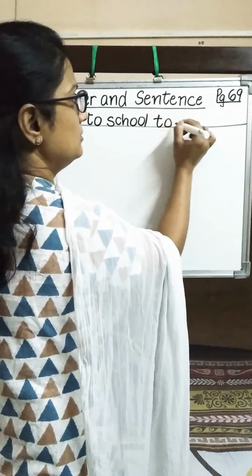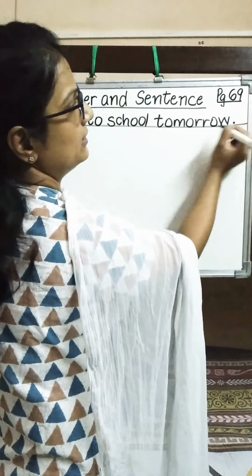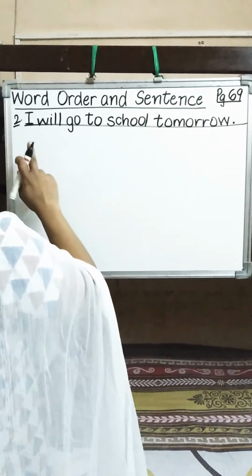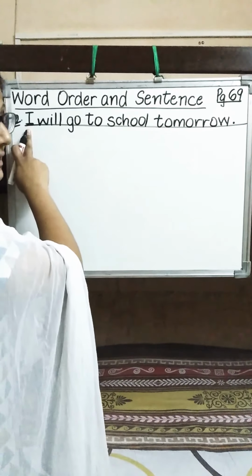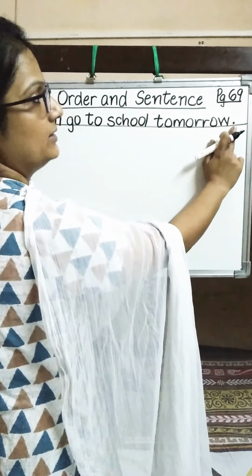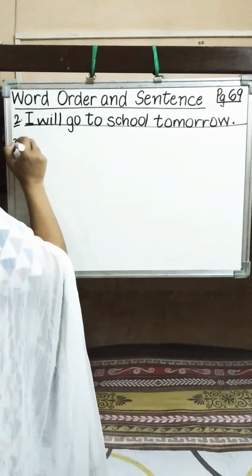Now it is making sense, and a sentence will always end with a full stop. Always remember that a sentence begins with a capital letter and ends with a full stop.